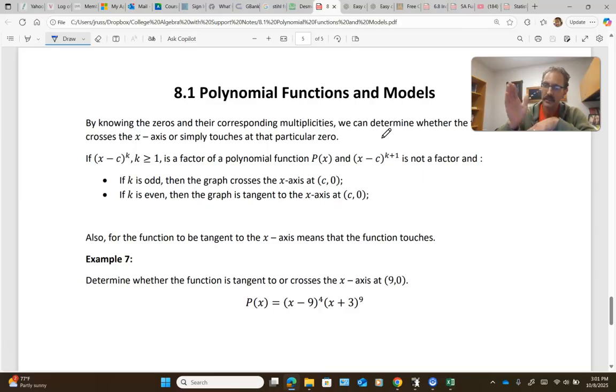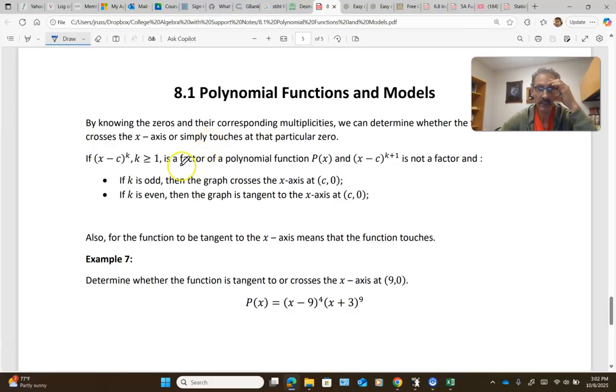How do we know whether it touches, maybe goes up to, touches, turns around, versus does it actually cross the x-axis? Well, that hinges upon the multiplicity of the zero, whether it's an even or an odd number.